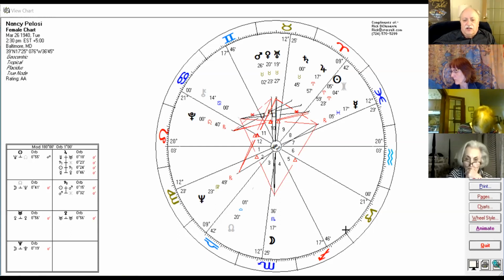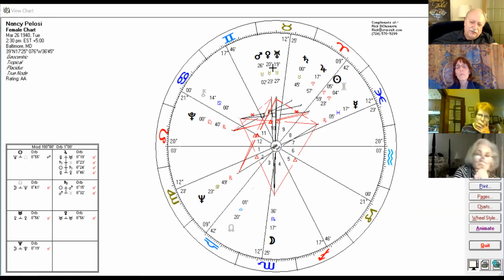Now, when you take a long look at this lady's chart, she's got an extremely powerful, this is called a stellium. It's also called a triplicate. Uranus, Venus, Mars. You want to focus on the orb, the degree between the planets. Uranus, Venus are 1 degree apart.